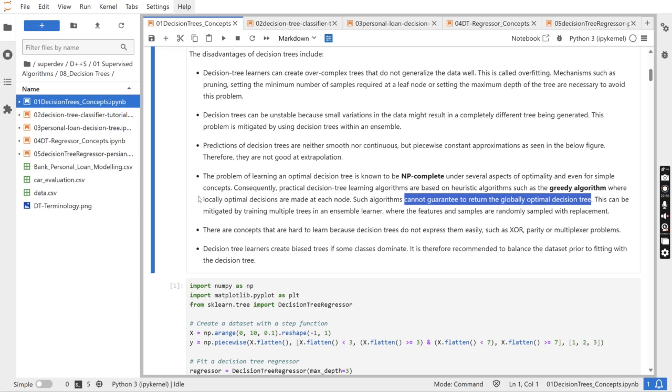What they essentially give is a locally optimal tree, not a globally optimal tree. Again, this is solved by ensembling, by combining multiple decision trees. Because they don't give an optimal decision tree, we call each decision tree a weak learner.